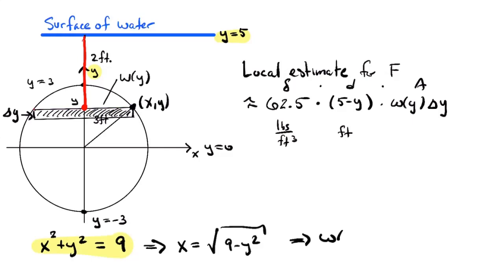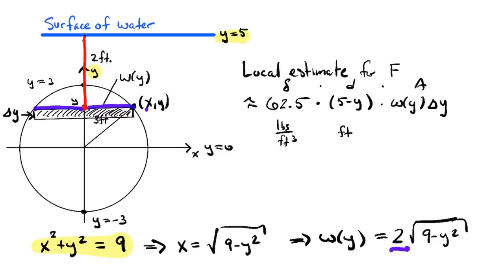And so I can see in my picture that W of Y is 2 of those. Why is that? Because this x coordinate that I wrote down is this length. The x coordinate is the distance from the y-axis. Well, W of Y is that plus the other side. That's why I've doubled it.